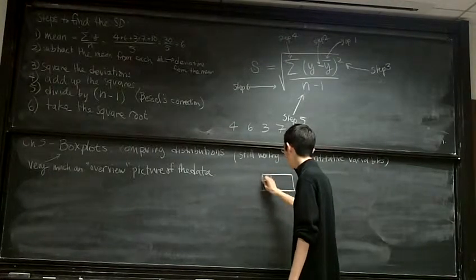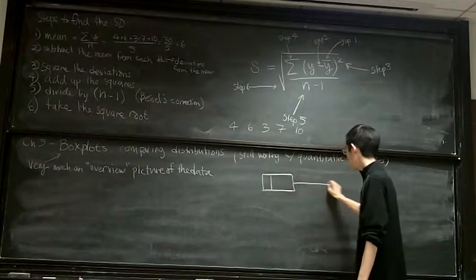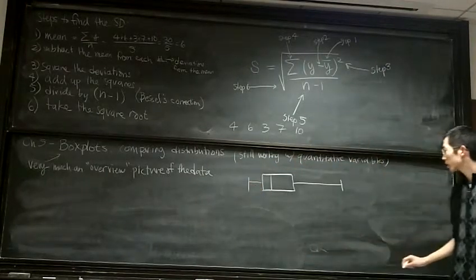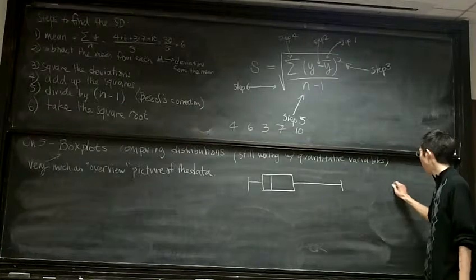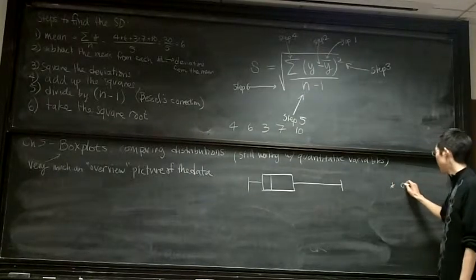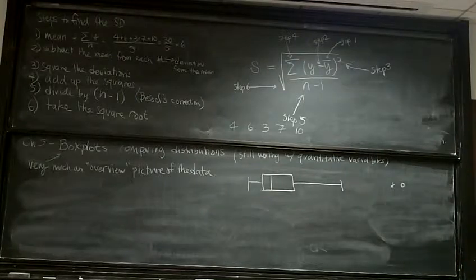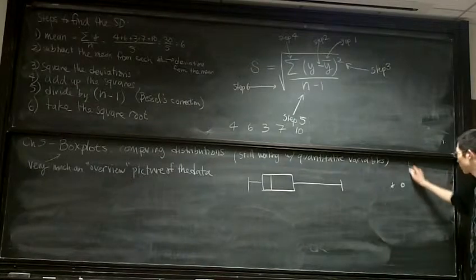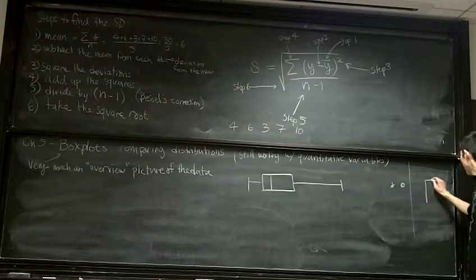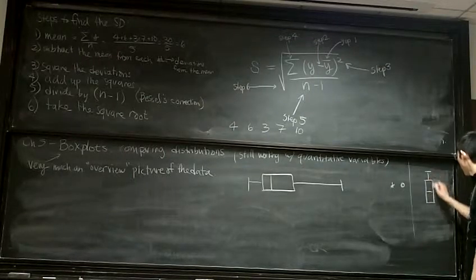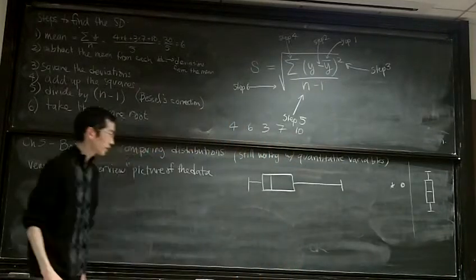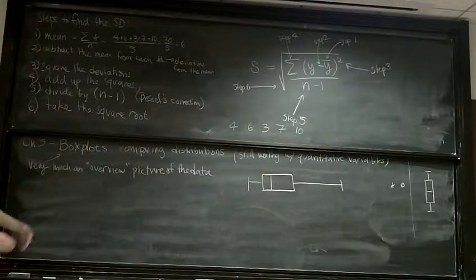Sometimes it's called a box and whisker plot, because you have these lines called whiskers coming off the box, and then sometimes you might see an outlier, represented with a star or a circle. This is what a box plot might look like. You can also see them drawn vertically rather than horizontally, and they look something like that.